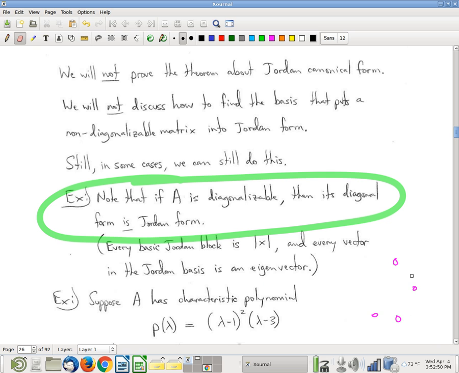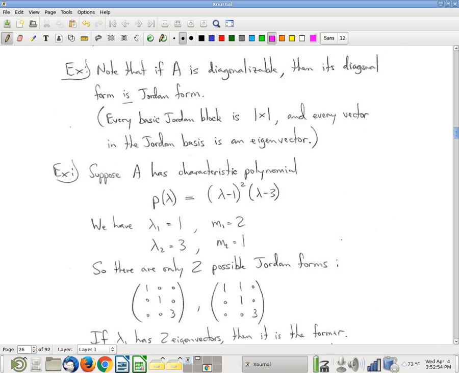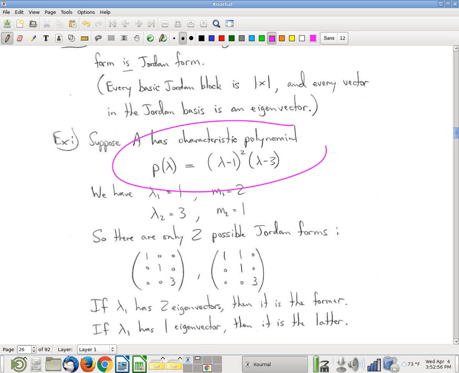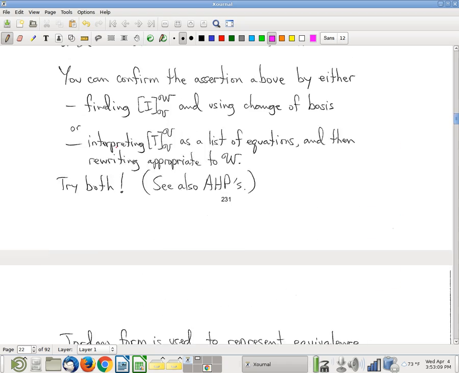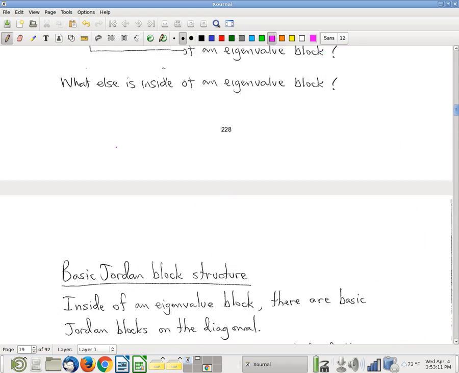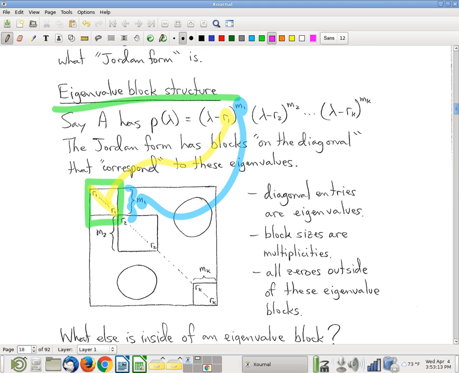Here's another example. Suppose you know this about your characteristic polynomial, and by the way, that's a pretty easy conclusion to draw. You're given a matrix, you know how to find the characteristic polynomial. There you go. That alone tells you a lot of information about the Jordan form. Don't forget, way back at the beginning, the eigenvalue block structure you can read straight off of the characteristic polynomial.